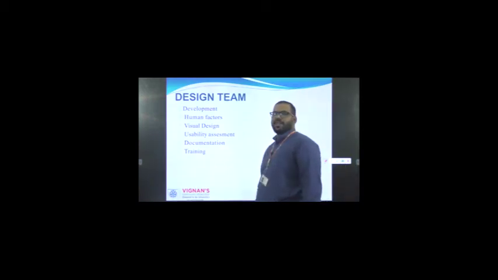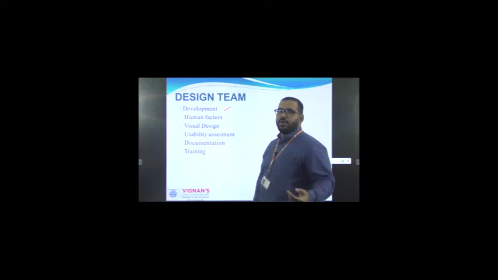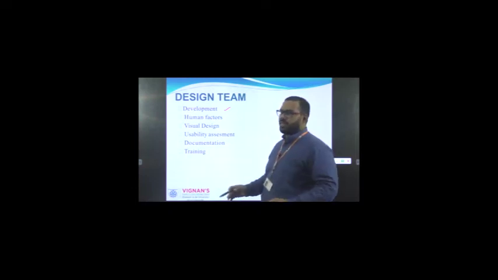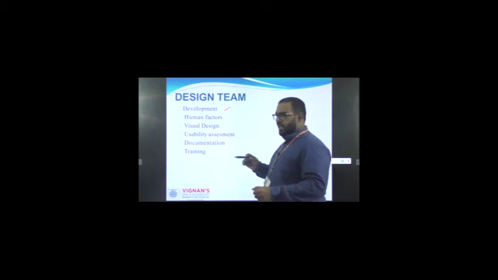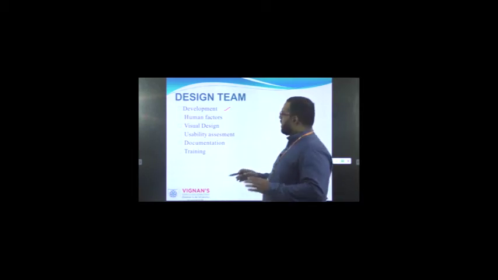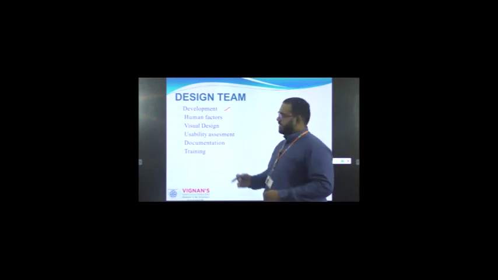So, for developing a good design, you need a good designing team, which consists of a development team which works very hard. In software engineering, having a large number of people in a team doesn't mean the work is going to be completed fast. The unity between the team and less confusion between the team members will provide a better design.